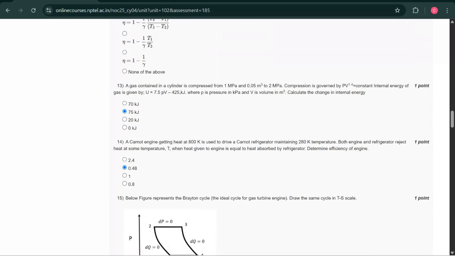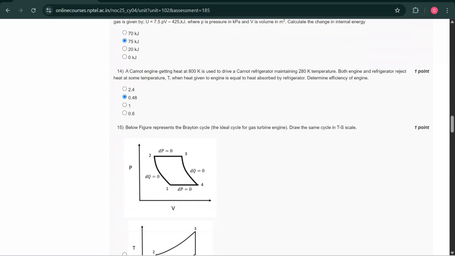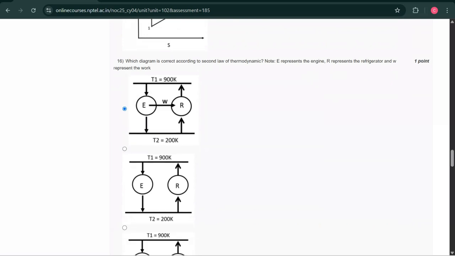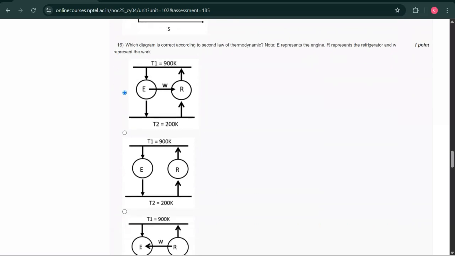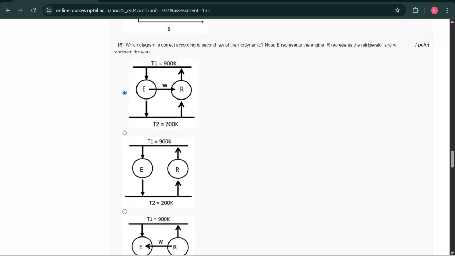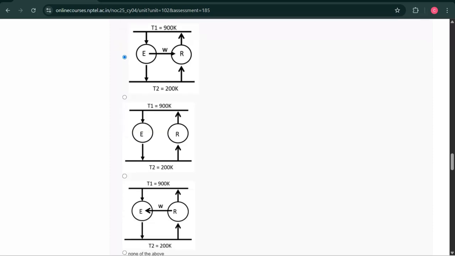Okay, then next, 16. Yes, 16 also is there. It's simple actually. It depends on whether the Clausius statement of the second law of thermodynamics is violated or not. You have to check that. Then it's quite straightforward.